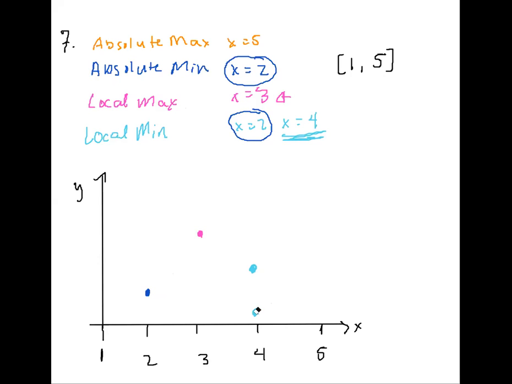Because it is going to be a local min and not the absolute min. And the same type of question for x is equal to 5. Where does this y value belong? Does it belong below my x is equal to 3 or above? Above, exactly. Okay, and my final question is, what am I doing at x is equal to 1? Where does this belong?